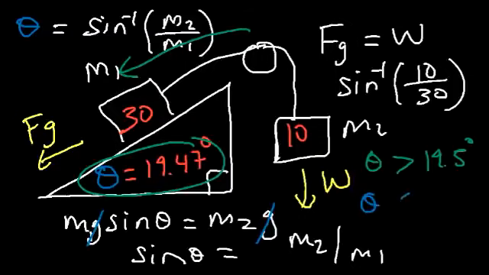Now, if theta is less than 19.47, the system is going to move to the right. The weight force will exceed the F of g force. So by adjusting the angle, you can determine what direction it's going to shift to.